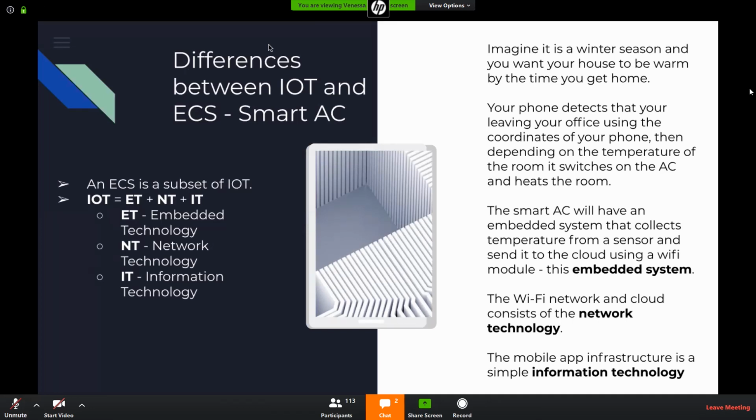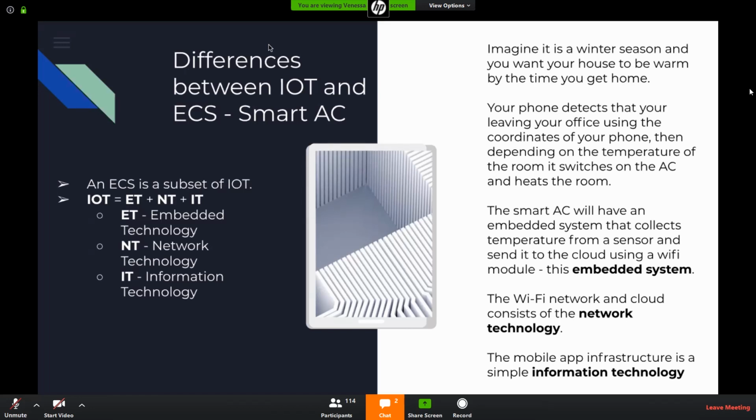As we explained, an embedded system performs a specific task. So if it's just an AC, it's also an embedded system. Okay, it being smart, I think the keyword here is, if it's just an AC that can collect temperature from a sensor, then send it to the cloud.